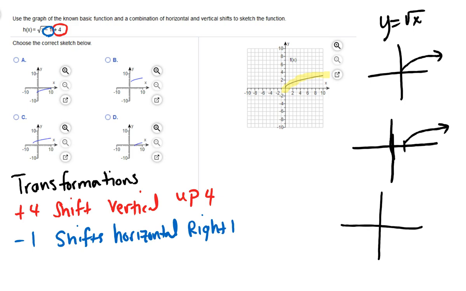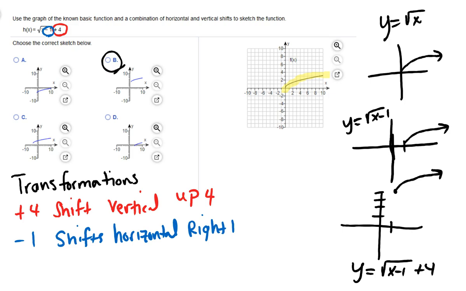And then moving up 4 would give us this picture here. So this is y equals square root x minus 1, and this one is y equals square root x minus 1 plus 4. So looking at my choices, I would choose option B for this example.